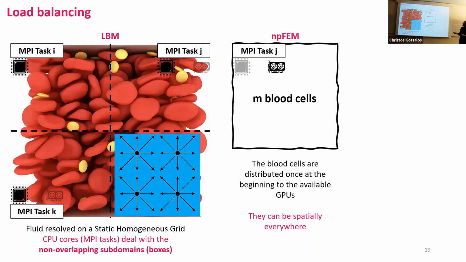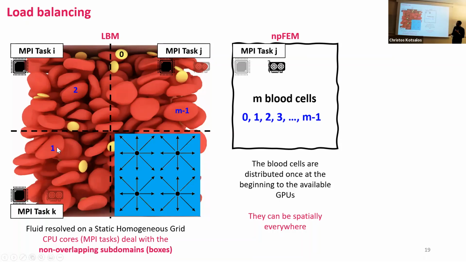In our case, we have two GPUs, one linked with MPI task J and the other linked to MPI task K. These bodies can be spatially everywhere. For example, let's take the red blood cell with ID 1. This is spatially located in a memory space that is handled by the MPI task K, as I have here.